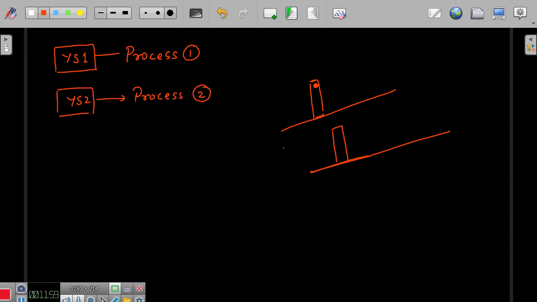When some obstacle comes in between, whatever light is being emitted from the transmitter to the receiver will be stopped, and accordingly there will be a change in the signal, right? This change in the signal will be treated as the output in order to open a barrier. So let us say that there is a barrier here, something like this.